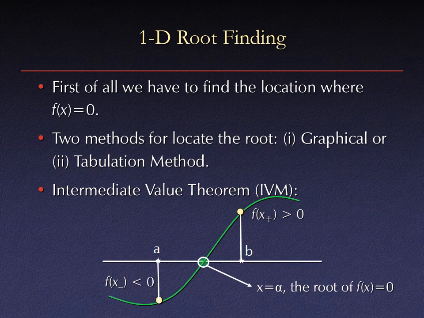In the graphical method, we sketch the graph of y = f(x) roughly in the xy plane, and we can find a small interval [a, b] where the root is situated. In the tabulation method, we use the intermediate value theorem, which states that when f(a) times f(b) is less than 0, that means f(a) and f(b) are opposite in sign, then there exists at least one point c between a and b where the curve intersects the x-axis, which is our required root.